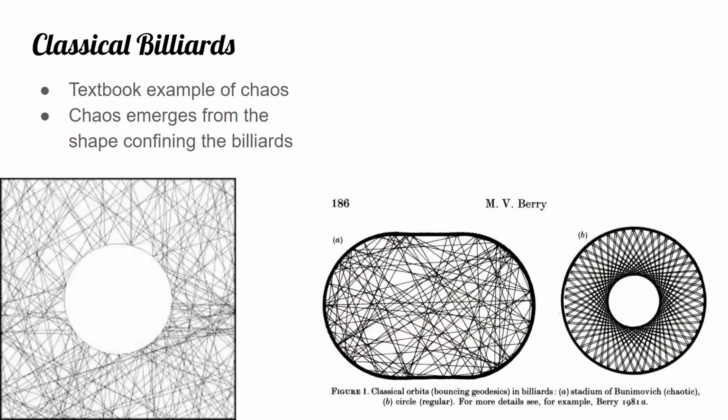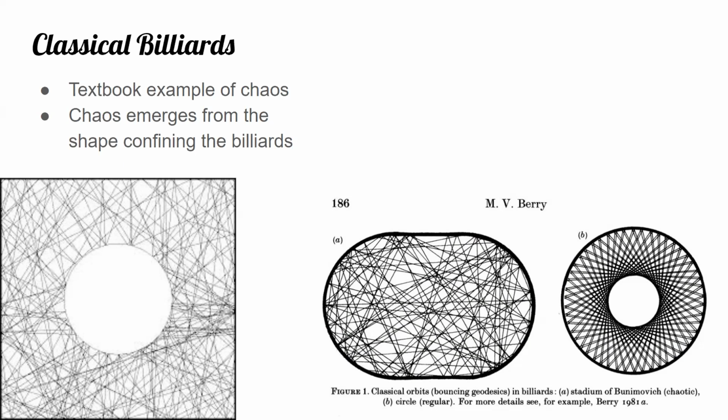The classical system that we're going to be taking a look at is this idea of classical billiard balls. So the idea is you confine a classical particle, like a billiard ball, to some shape, with the same kind of boundary conditions, just a little bit different.